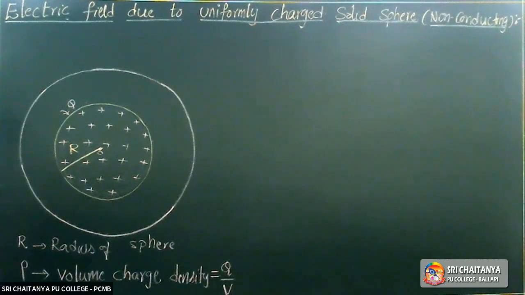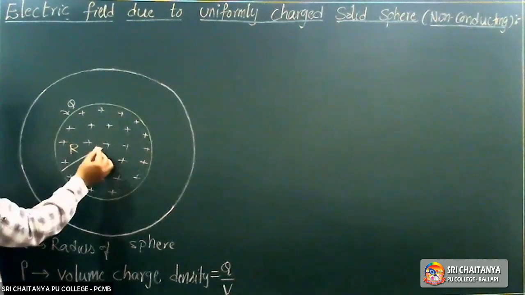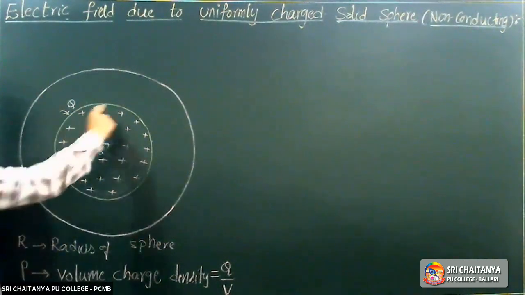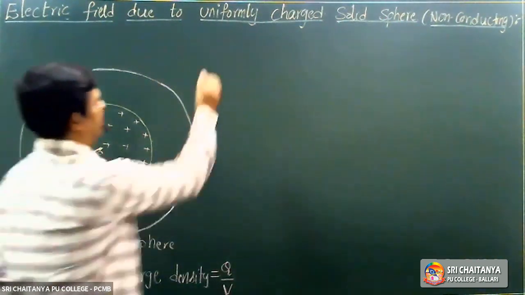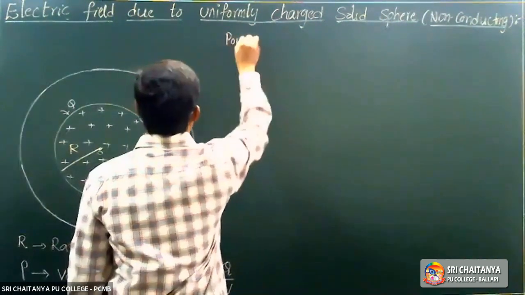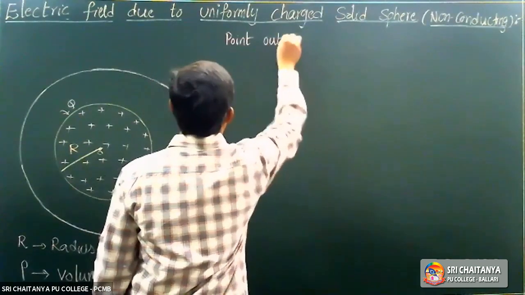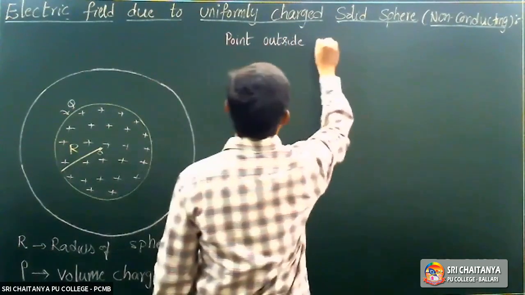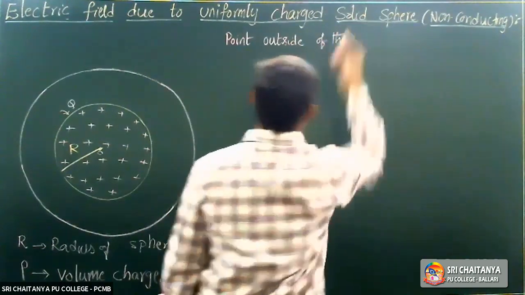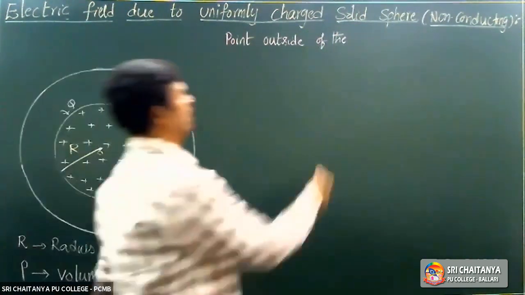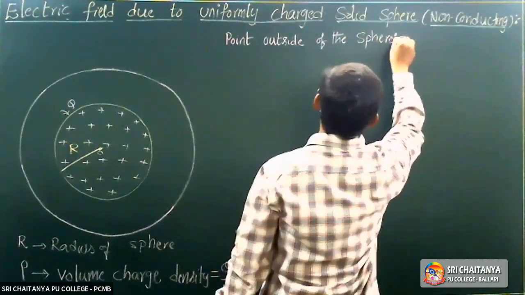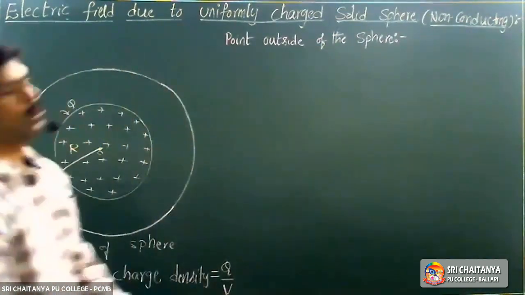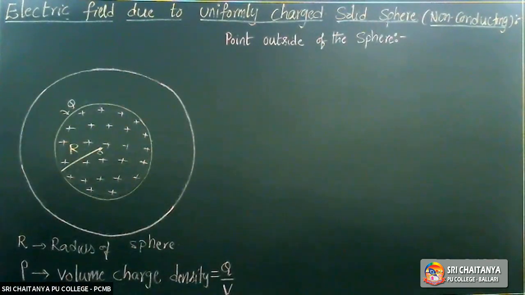Our aim is to find the electric field due to this sphere at different points. First, a point outside of the sphere.